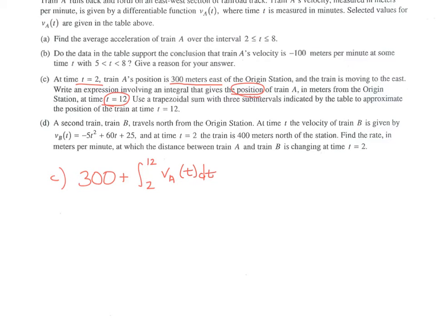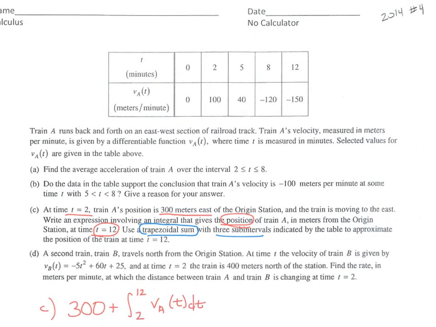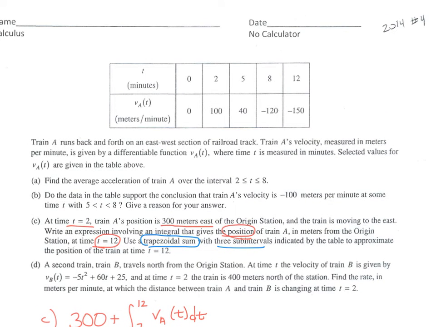Now for the second part of the question, we've got to use a trapezoidal sum, 3 subintervals, to approximate the position of the train at t equals 12. So this is approximately equal to, we still have that 300, and now we need to use our table of values. So here are our 3 trapezoids.